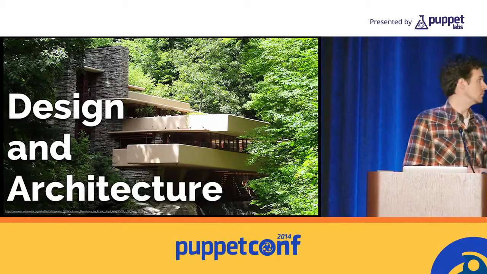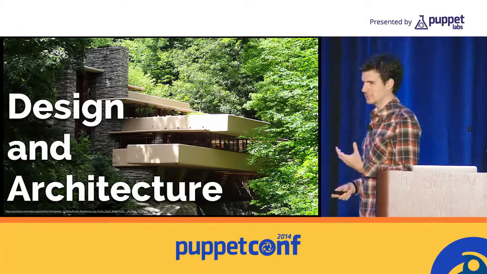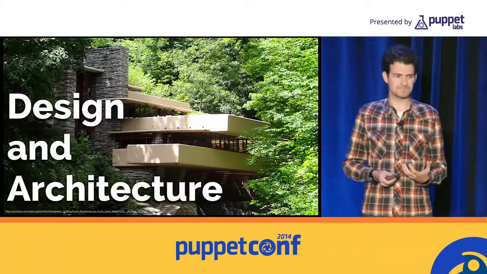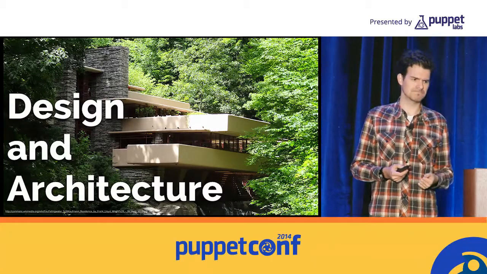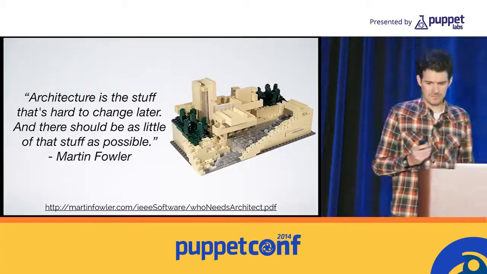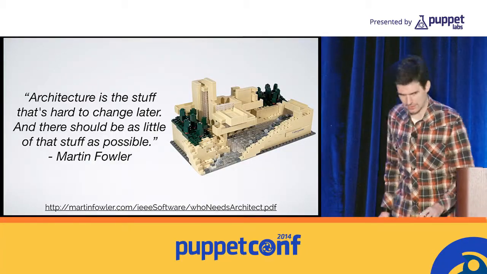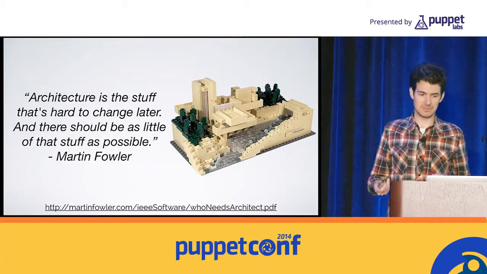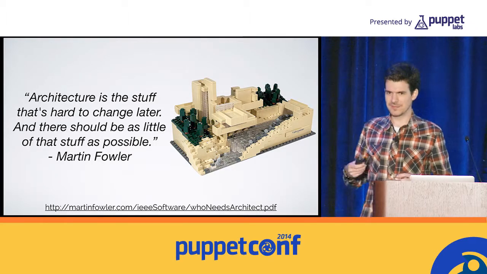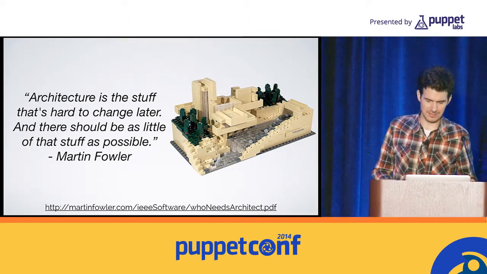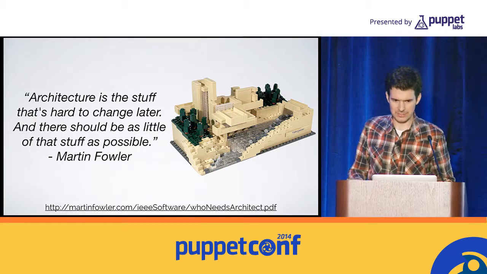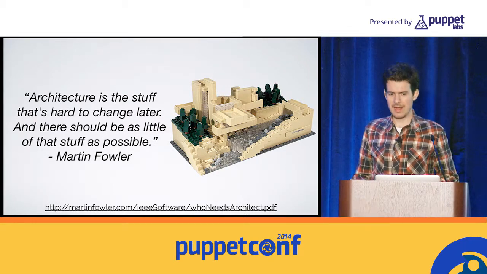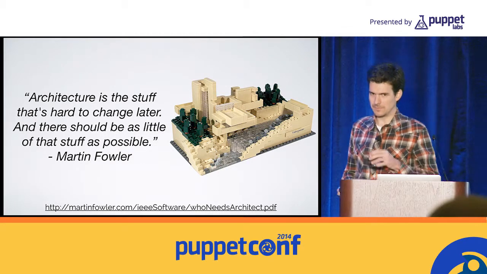Design and architecture are kind of semantics. Martin Fowler defines system architecture as the stuff that's hard to change. I think he said in this essay, architecture is the stuff that's hard to change later, and there should be as little of that stuff as possible.